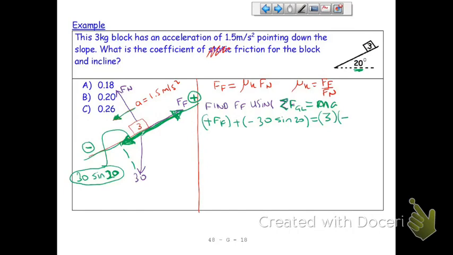Why is it negative 1.5? Because I chose to make the right-hand way positive and the left-hand way negative, and the language says down the slope. I'm pointing down the slope. It's telling you you're accelerating down the slope.